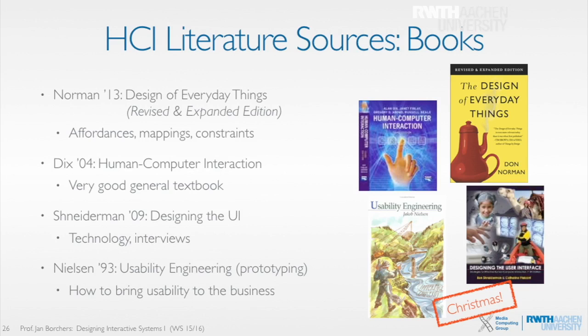A more general textbook is the Human-Computer Interaction book from Alan Dix. You already have some chapters of that in the L2P, and I think they're already up there. Some you have to read this week. It gives you a basic understanding of this field.